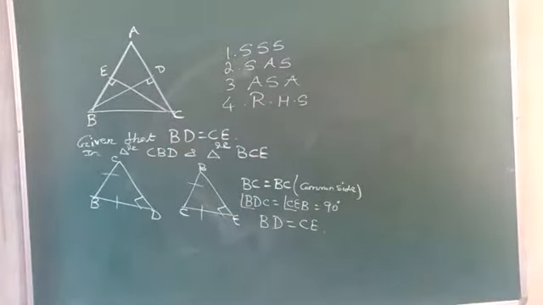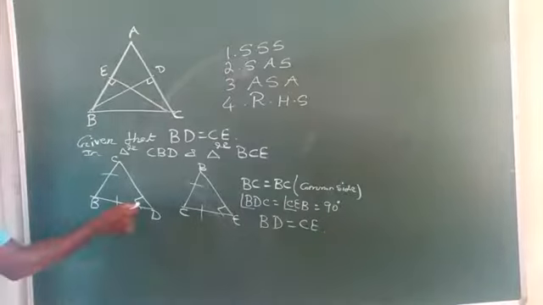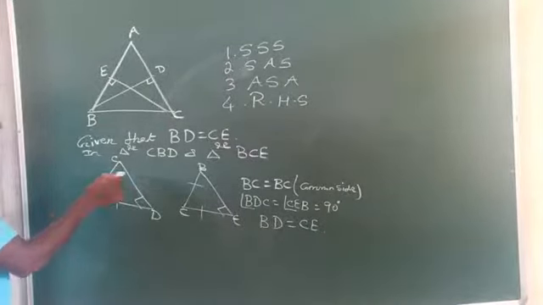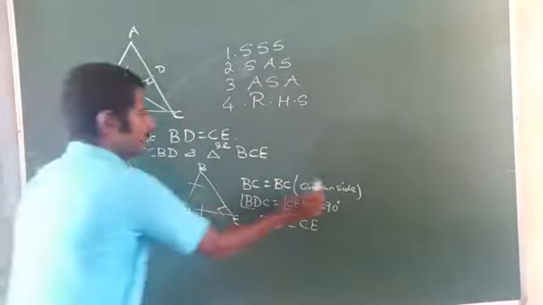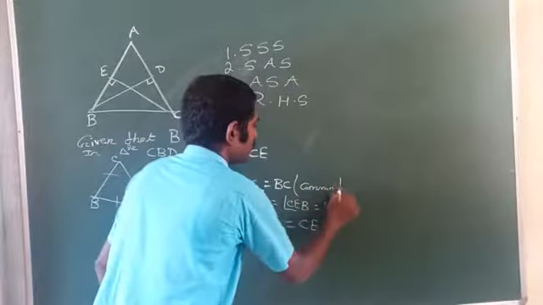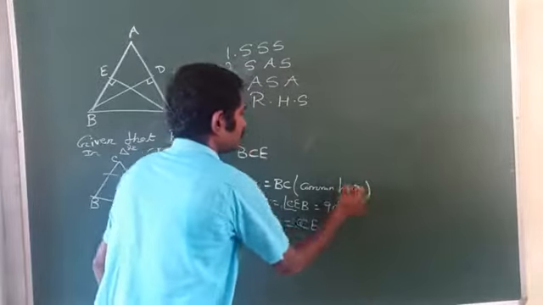Yes, it is a right angle. The side which is opposite to the right angle is the hypotenuse. So BC equal to BC is a common hypotenuse. Instead of common side, you can write common hypotenuse.